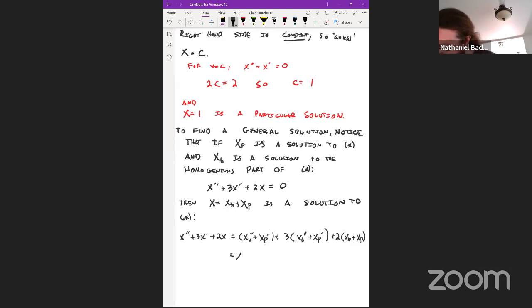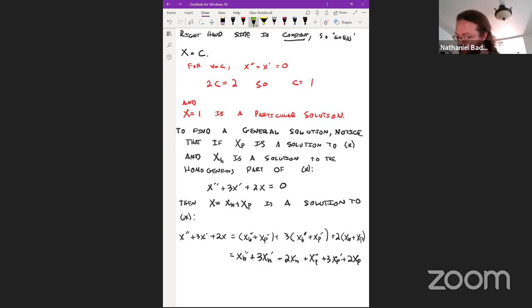We get xh double prime plus 3xh prime plus 2xh, plus the second derivative of the particular solution plus 3 times the derivative of the particular solution plus 2 times the particular solution.